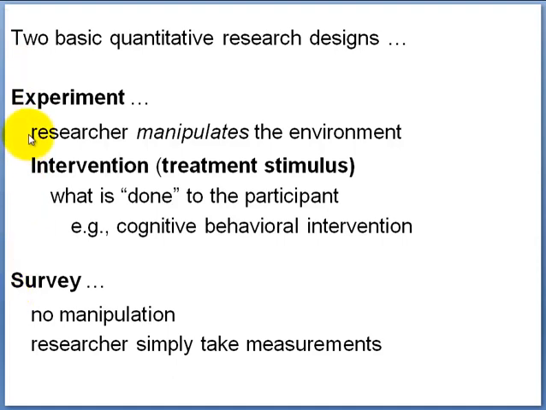In the experiment, the researcher manipulates the environment. And the manipulation that the researcher invokes, or the key manipulation, is termed the intervention, or the treatment stimulus. And the intervention is what is done to the participant.